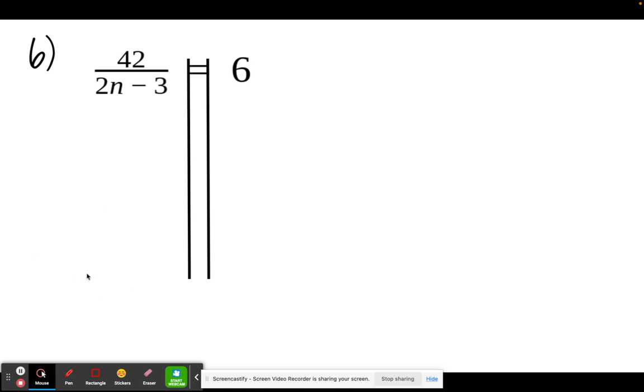Okay, let's look at this one. Again, we could do this one 2 ways. I could multiply by 2n, or I could multiply both sides by 2n minus 3. It'd come out the same. 42 times 1 is 42. And then 6 times 2n minus 3.